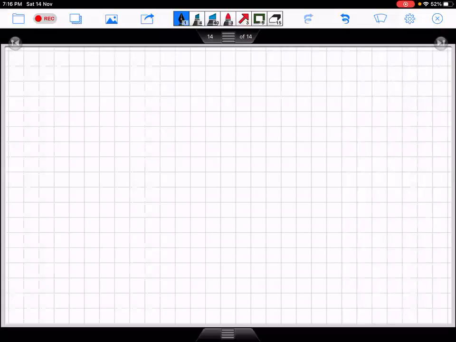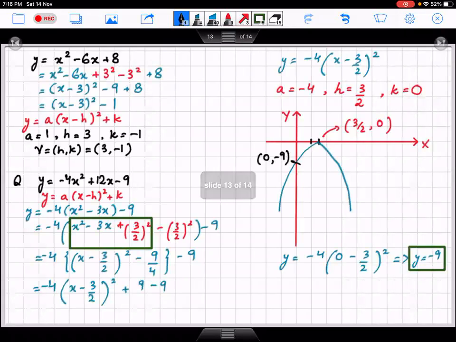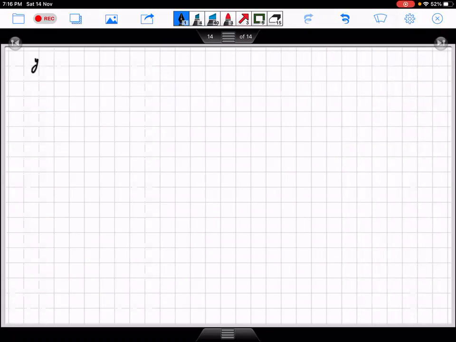Okay, now we have another example. y is equal to 2x squared plus 4x minus 16, and they want us to convert it into a(x minus h) whole squared plus k, and find the turning point.